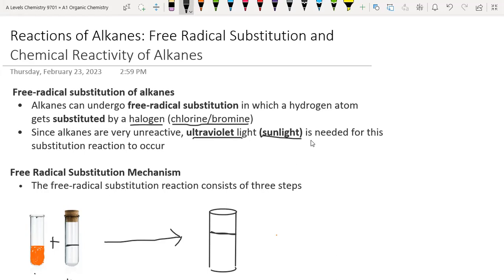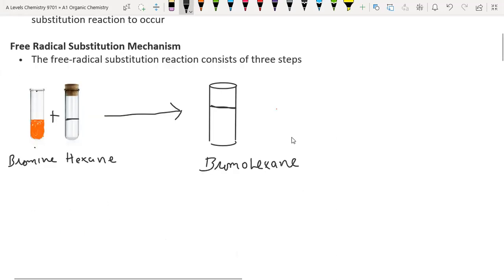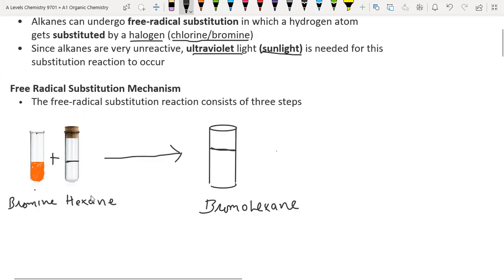What is the free radical substitution mechanism? A free radical substitution reaction consists of three steps. Let us see an example. This is a bromine solution, Br2, and this is hexane, C6H14.